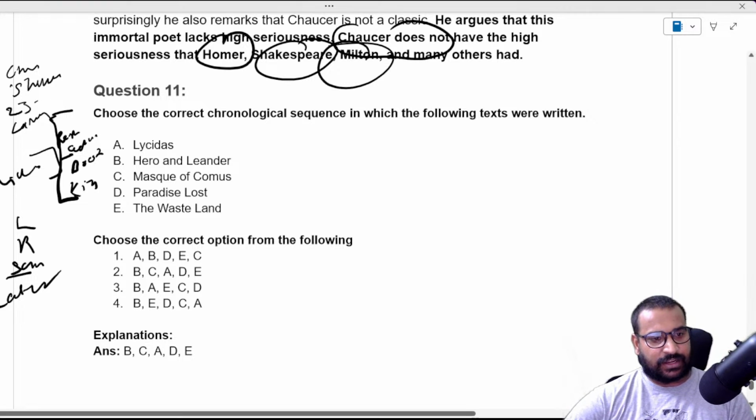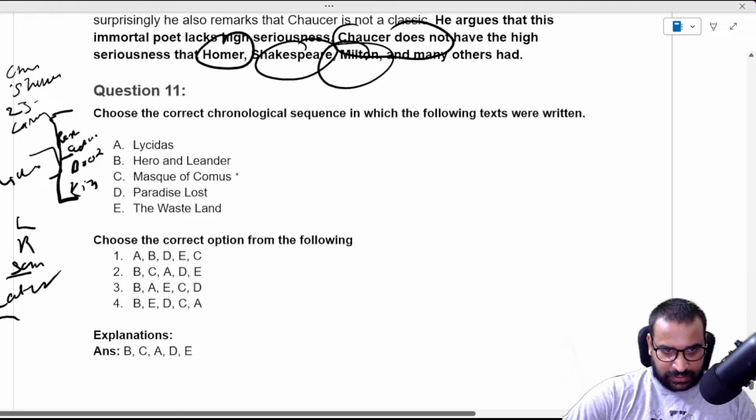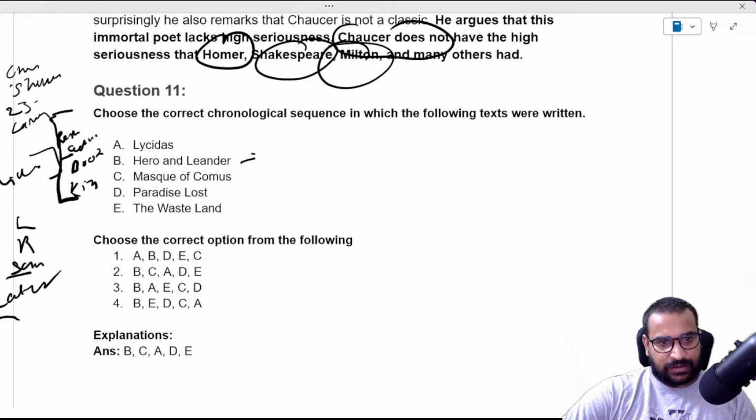Let's see what we can do with this. So first it is asking chronological order. Hero and Leander, our Marlowe, we can just put. The last one would be our Paradise Lost. Comus is earlier than the prose.